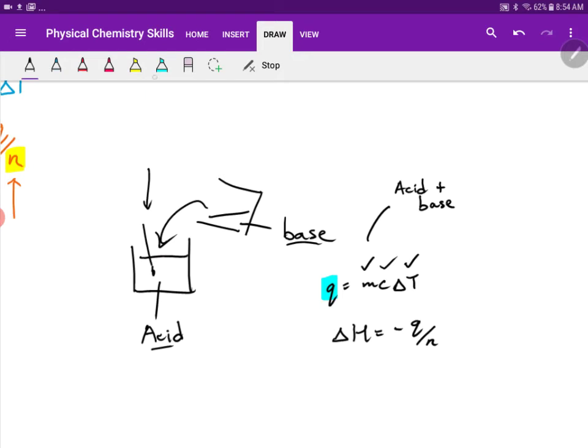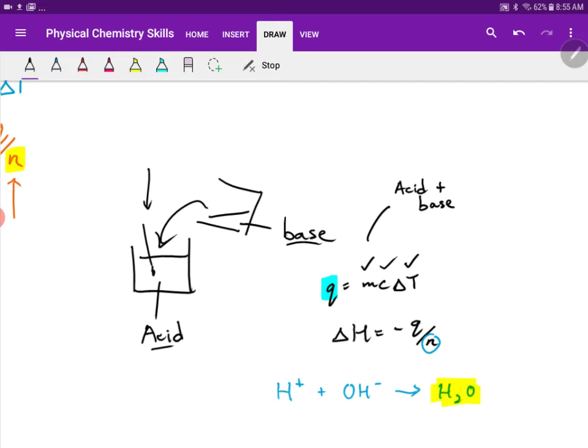Alright, so it's important for us to now identify what this value of N is. Okay, and this value of N is from our equation. So for delta H neutralization, this is our equation, H+ plus OH- gives you H2O. So we are essentially interested in the amount of water that is produced by the reaction.